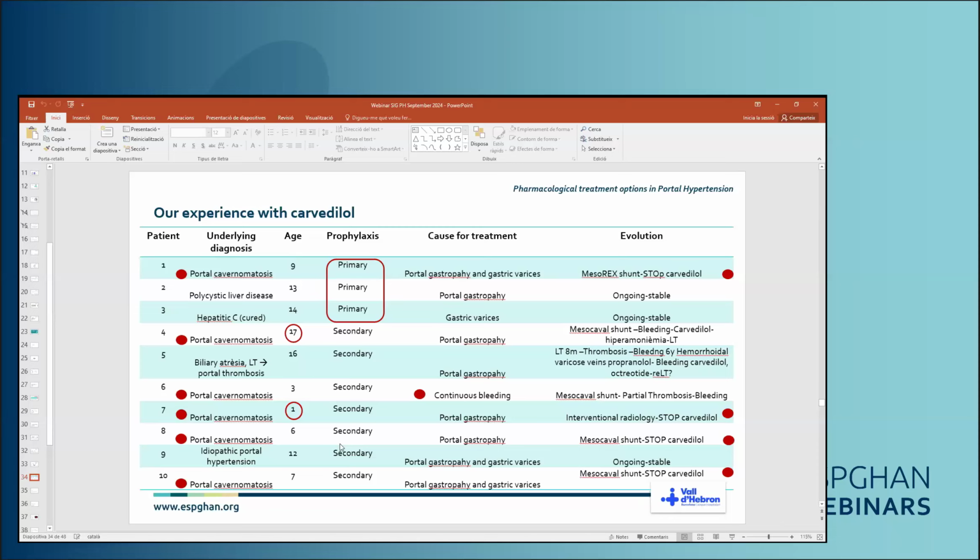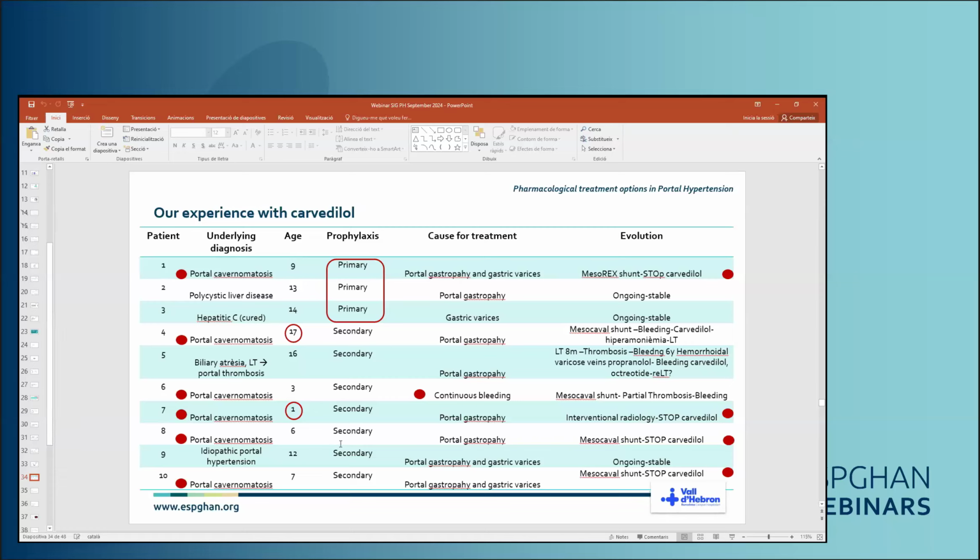But basically you can see the age varies a lot. The youngest we've started carvedilol in was a patient of one year, and the majority of patients are on carvedilol because of secondary prophylaxis, just 3 of them primary. The cause for treatment in all of them except 1 is portal gastropathy or gastric varices, as I said, using our protocol.